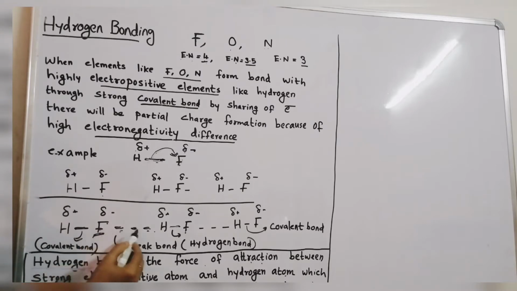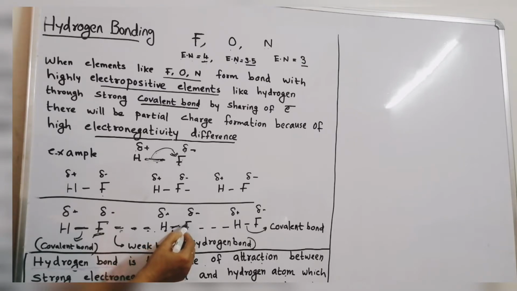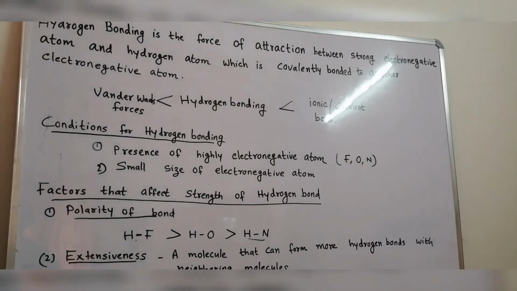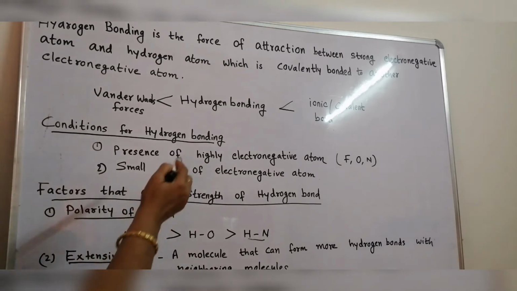This fluorine forms a hydrogen bond with this hydrogen, which is covalently bonded to another electronegative atom, fluorine, and this is hydrogen bonding.